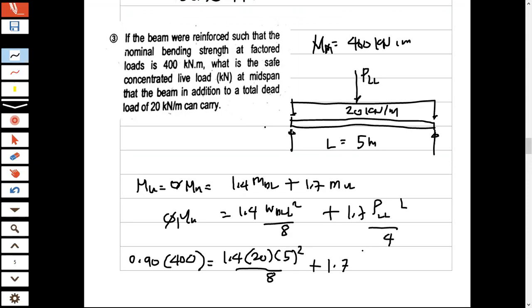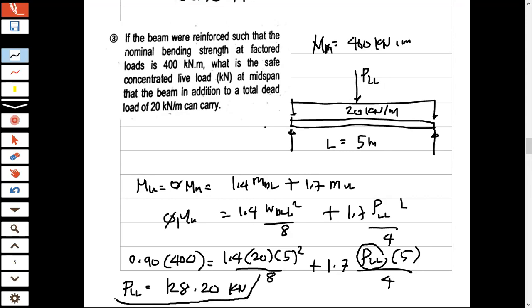P L over 4. P live load, L is 5 meters, and then you have 4. So here, this is what we can calculate. You have 128.2 kilonewton if you have a calculator. So this is the additional load being asked.